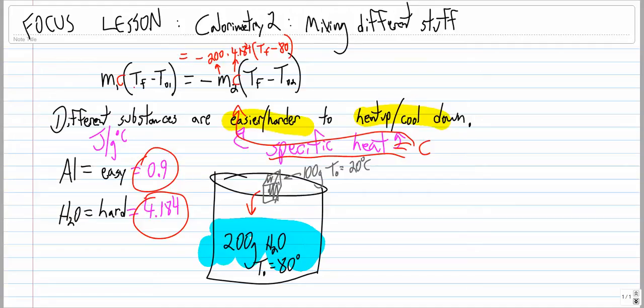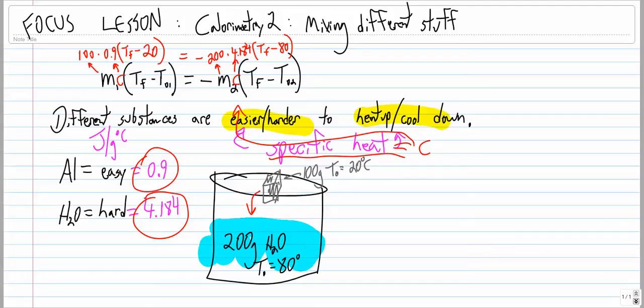And then the aluminum, its mass was 100. And the specific heat for aluminum is, I forgot it already. Oh, there it is. It's 0.9. And we don't know the final temperature, but we do know the original temperature of the aluminum, and it was 20 degrees Celsius. Okay, so this is looking very sloppy.